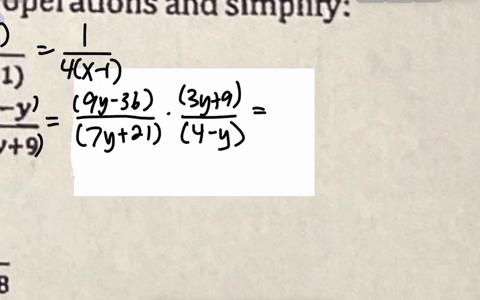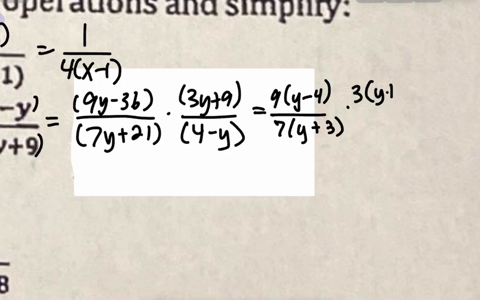Our first numerator, 9y minus 36, both of those pieces are divisible by 9. 7y plus 21, both of those pieces are divisible by 7. Let's do the same thing for our second fraction. Our top numerator, both pieces are divisible by 3. And then our bottom, it's fine the way that it looks.